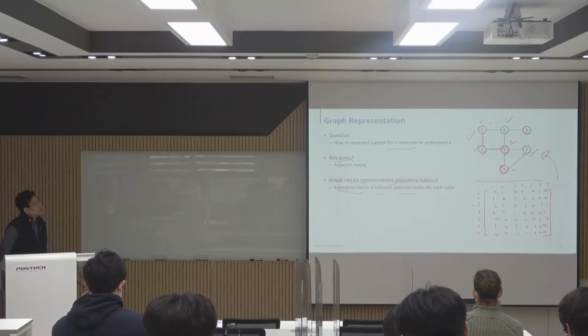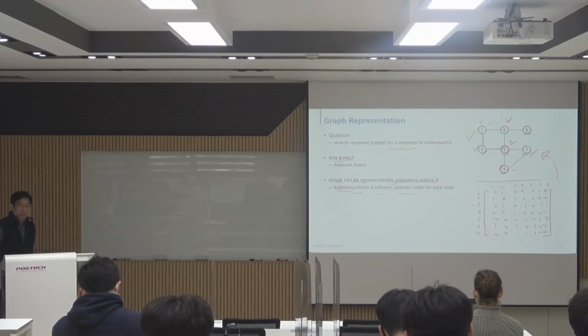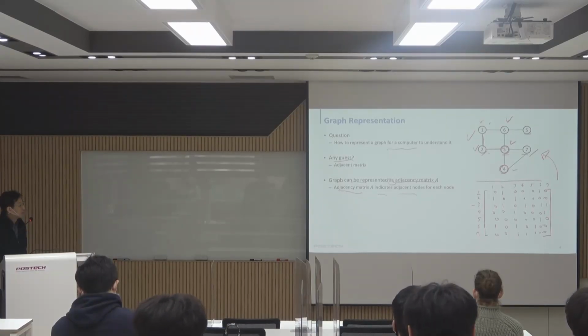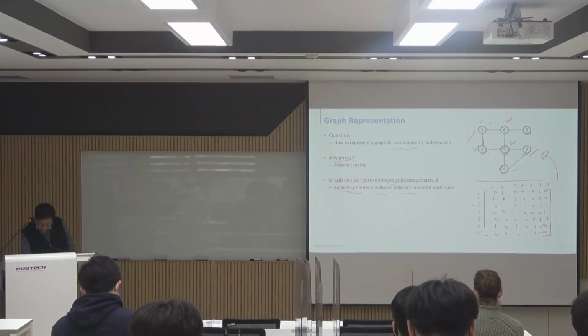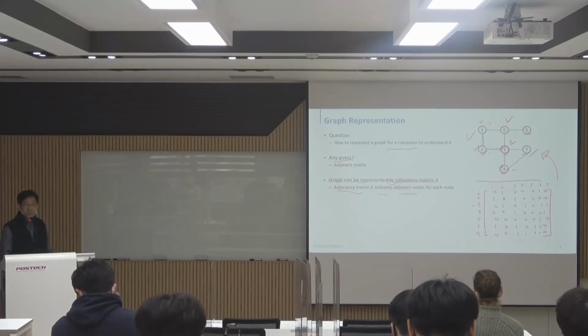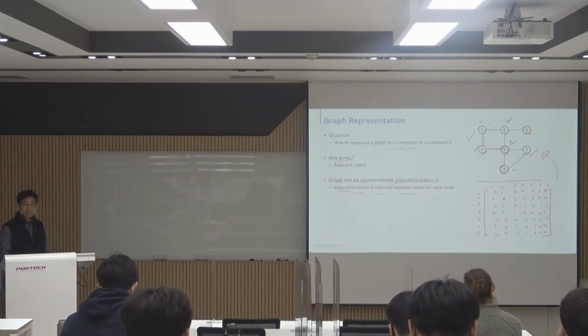Do you see any properties in adjacent matrix A in this case? Can you recognize or notice any properties that the adjacent matrix A has? What kind of property is that? The hint I'm giving is that it's an undirected graph.